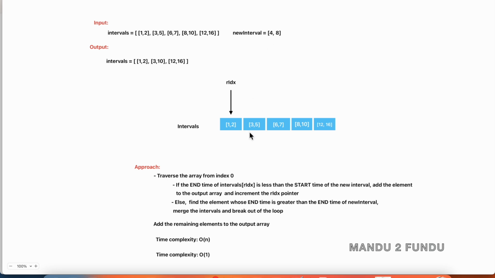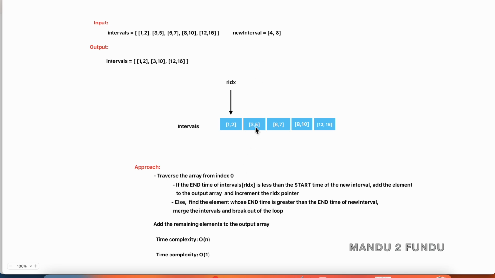Once we find the overlap, we update the new interval's start time as the minimum of the start time of the first entry that is overlapping and the new interval. Between these two, 3 is lower. We can update the new interval with starting time as 3.